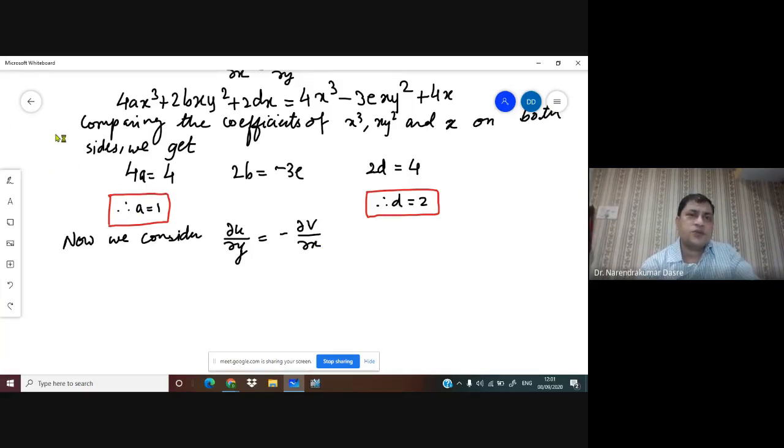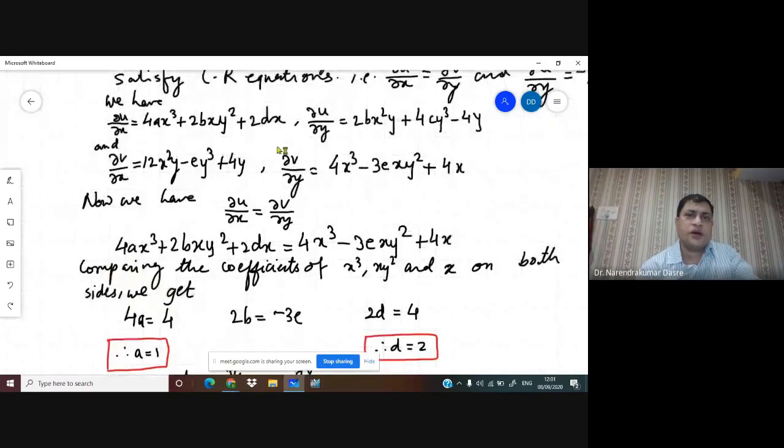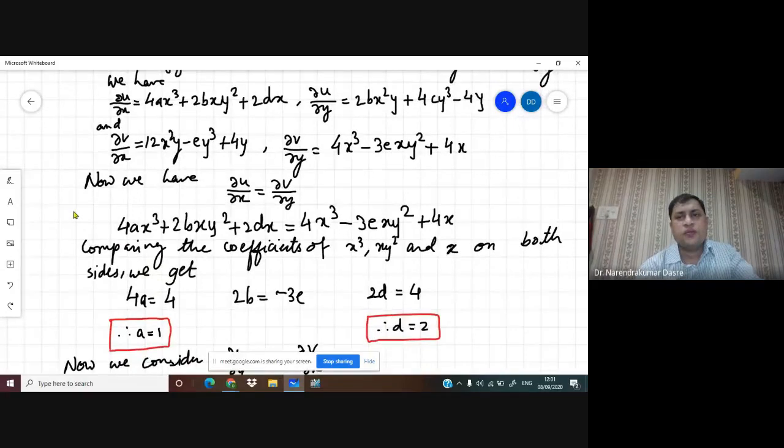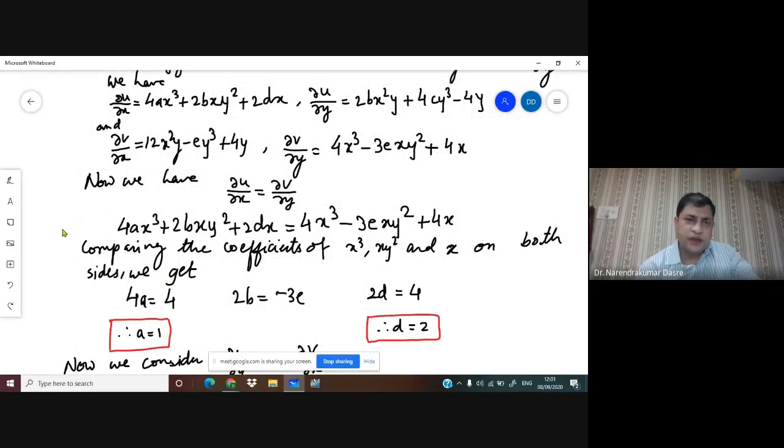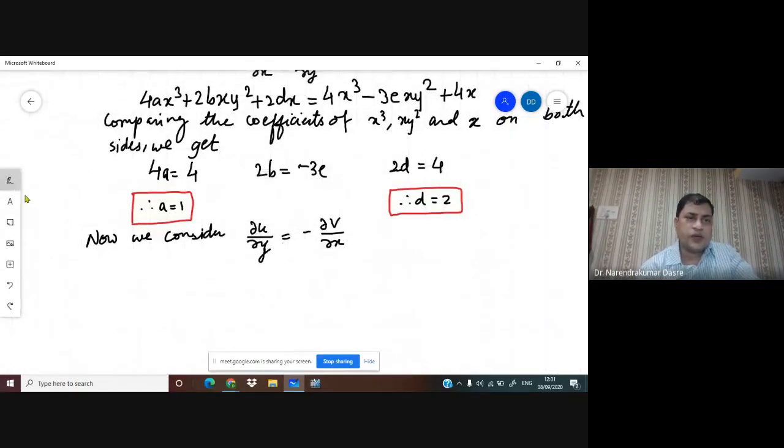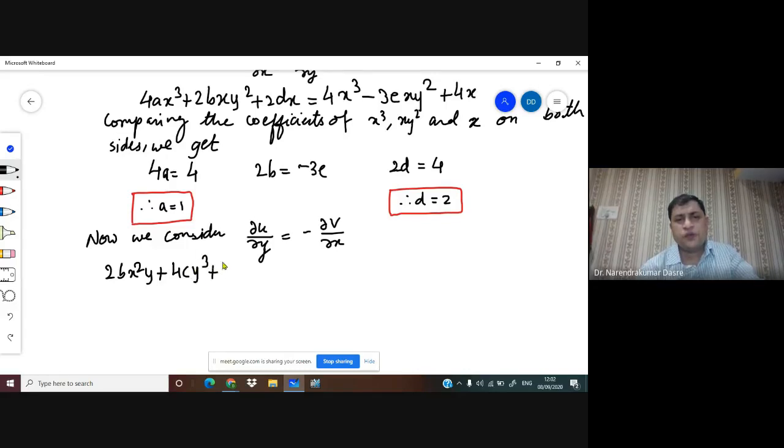Okay. So see what we have, ∂w/∂y, 2bx square y plus 4cy cube plus 4y, and this we have to consider minus.